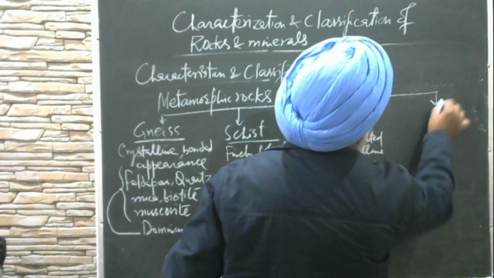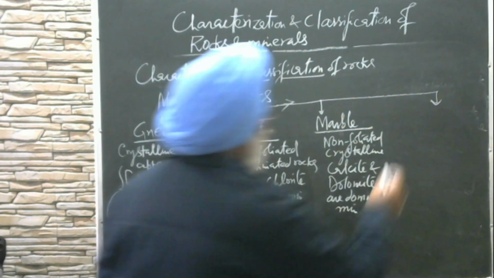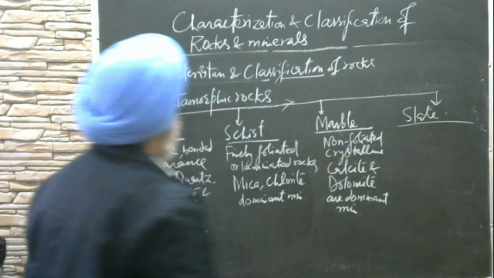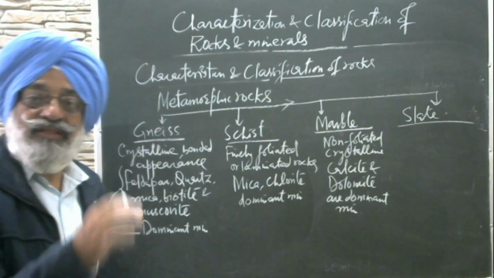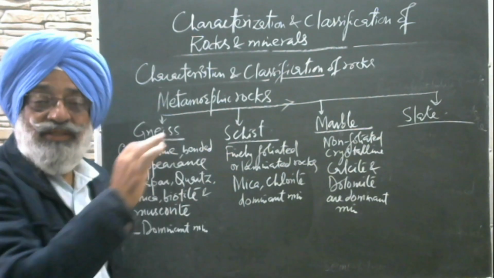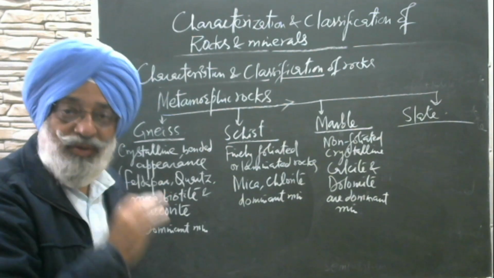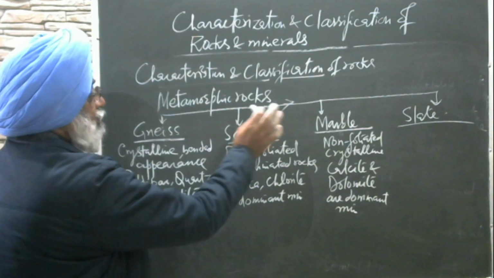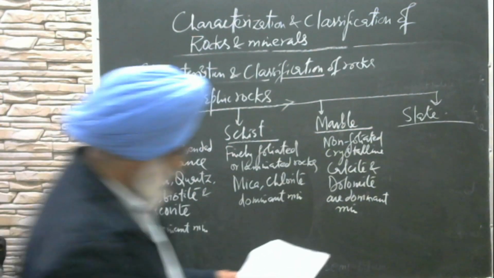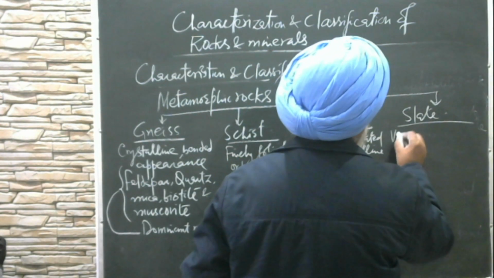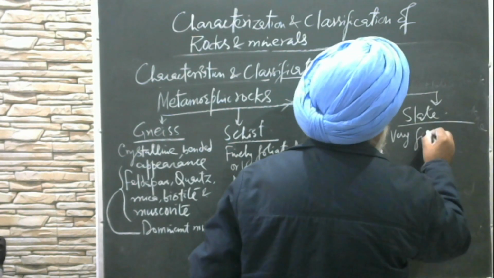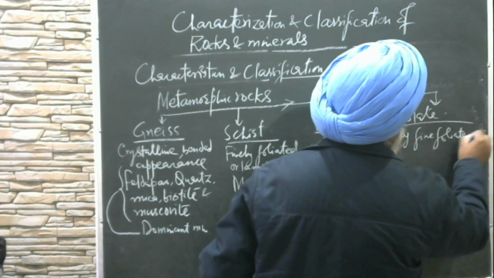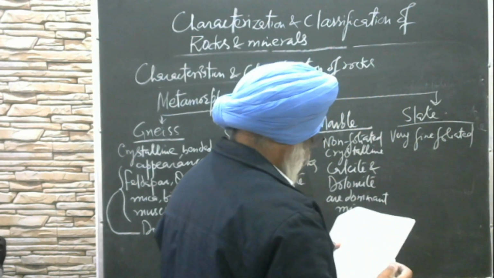And the last group is slate. So you can see the metamorphic rocks. As I said, these are formed by the changes, metamorphism, of igneous and sedimentary rocks: gneiss, schist, marble, slate. And slate is very finely foliated, even finer than schist.